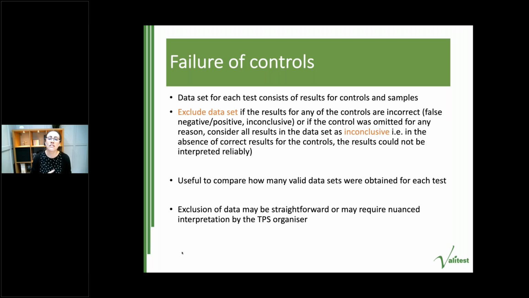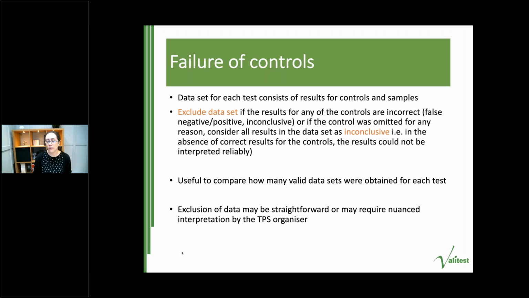But I think generally most test performance study organisers would want to see all the controls correct for the data set to be considered valid. So if any of the controls are wrong, then we'll exclude the whole data set. But that's a decision for the TPS organiser to make.